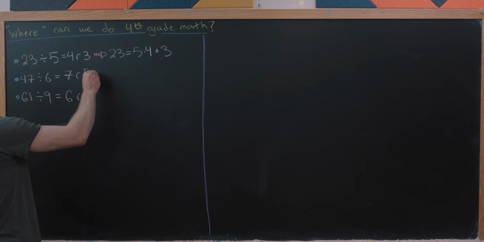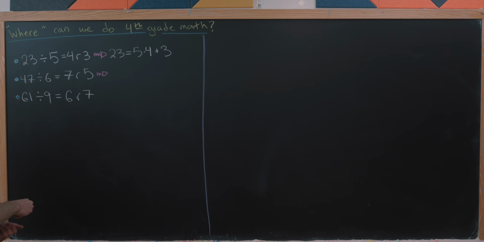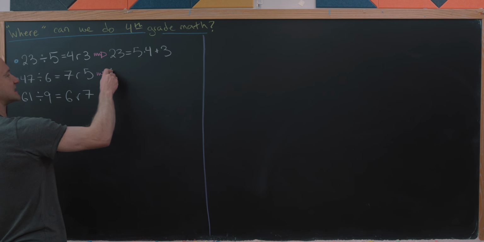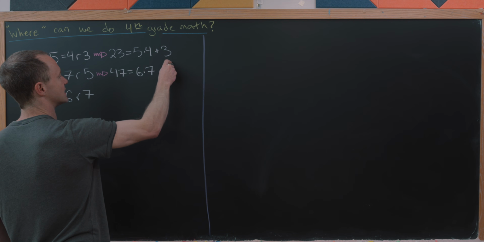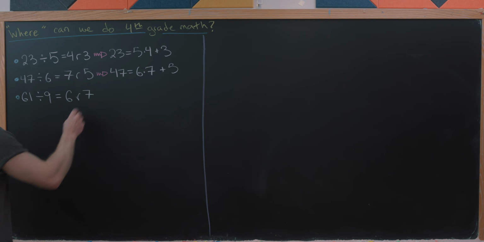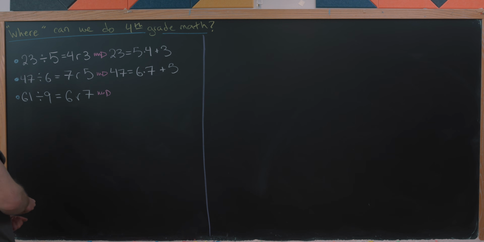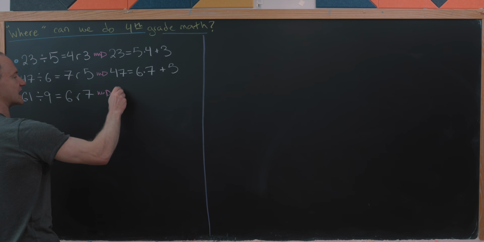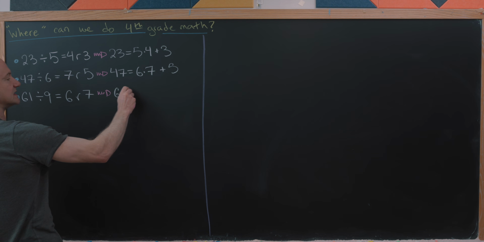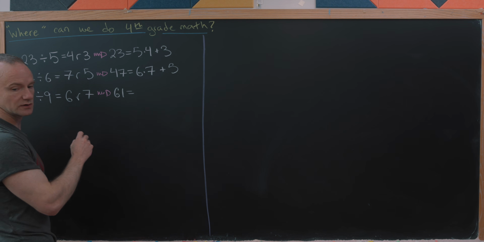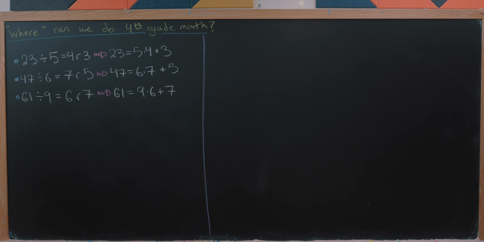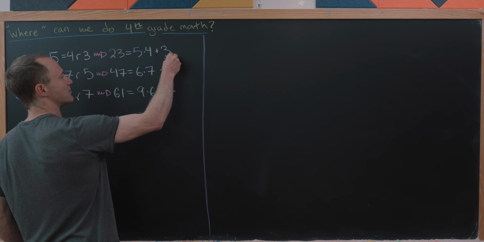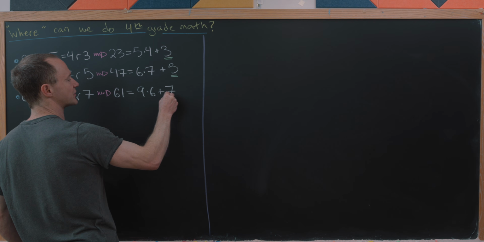And this one right here, where we say that 47 divided by 6 is 7 remainder 5, that's the same thing as saying 47 is 6 times 7 plus 5. And finally, this last one down here is the same thing as saying that 61 is equal to 9 times 6 plus 7.